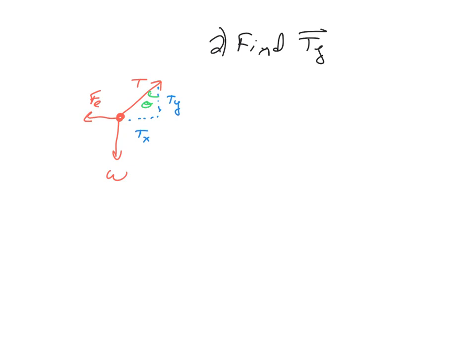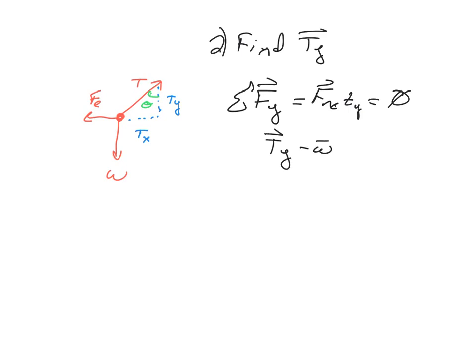To get Ty, I can use Newton's law. The sum of the forces in the y direction equals the net force in the y direction. Since this is balanced, it's going to equal 0. Going in the positive direction, I have Ty. In the negative direction, I have the weight.